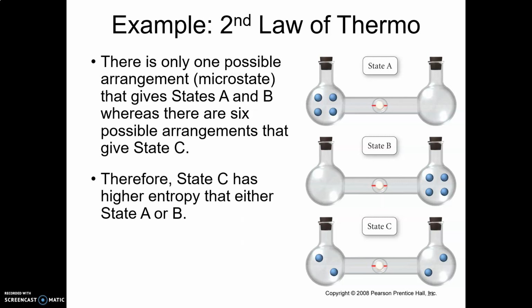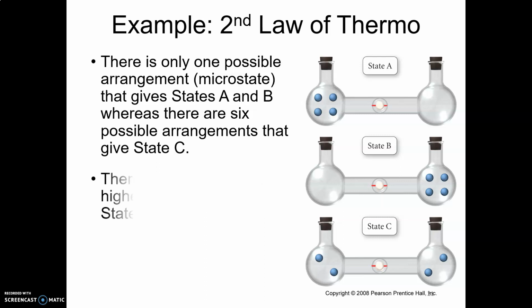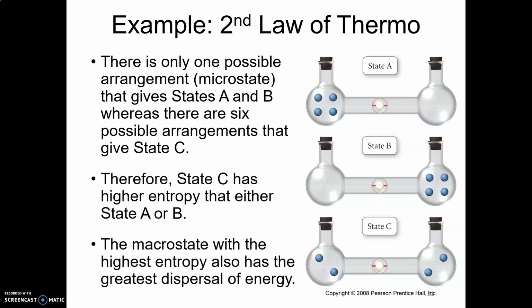By spontaneously expanding and filling the room, they are increasing their randomness, they're increasing the number of microstates that define them, which means they're dispersing their energy more. Which means they're overall lowering their energy, but in a different way.